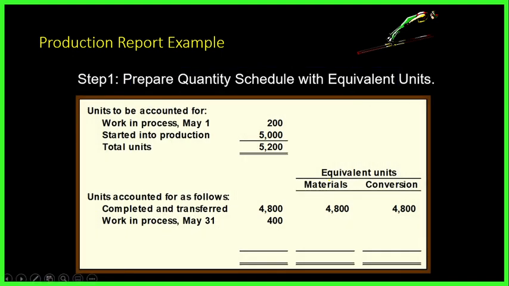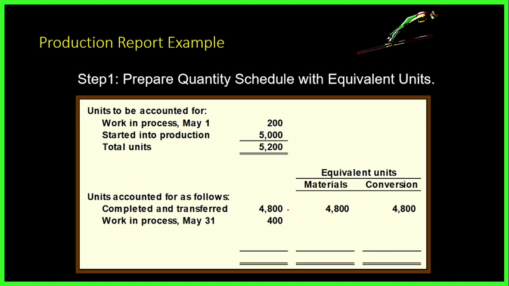Let's continue. Okay, step 1, prepare the quantity schedule with the equivalent units. So you have the beginning. You started 5,000, a total of 5,200. Okay, and then let's compute for the EUP. So you have your completed and transferred. Take note, for weighted average, we always start with this 4,800.